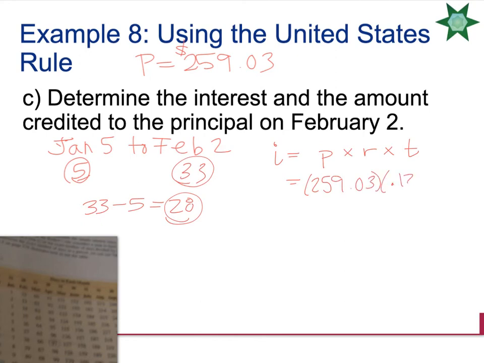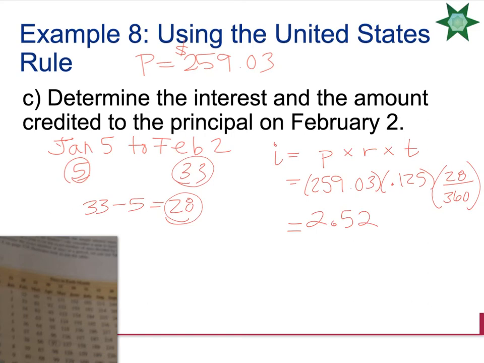It's still 12.5%. But now she's only had the loan for 28 days out of 360. I'm going to do that multiplication. And let's see, 259.03 times 0.125 times 28 over 360. We're going to get $2.52.